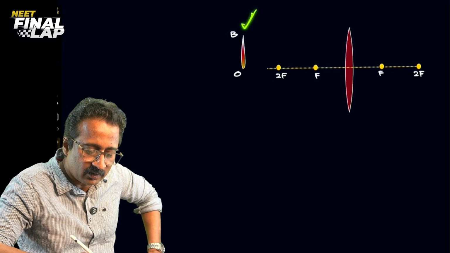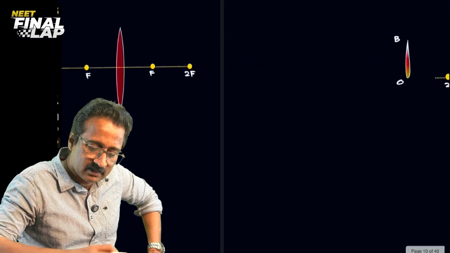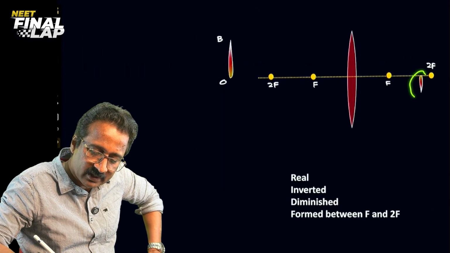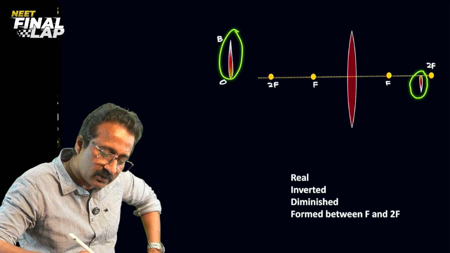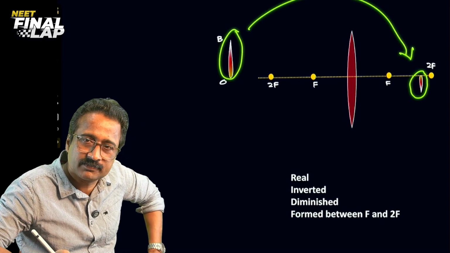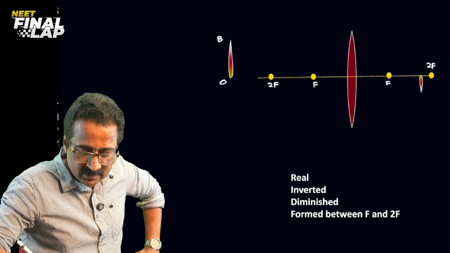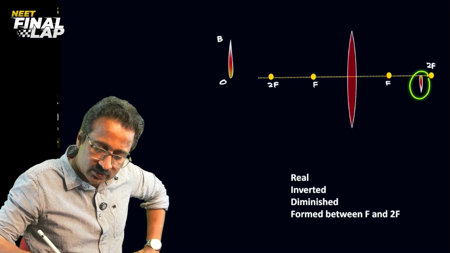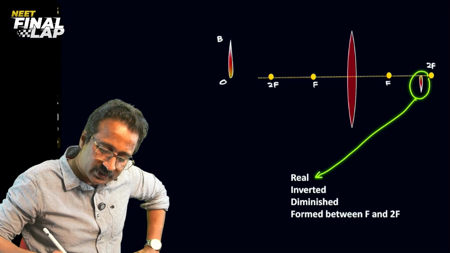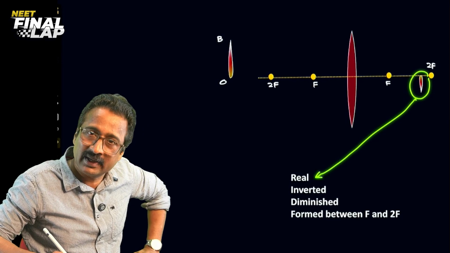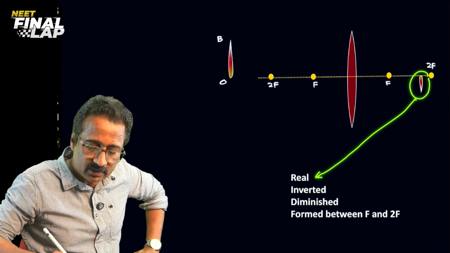If you're placing the object here, then you will see that light rays will form an image here. So for this object, this is the image. I have skipped the light rays here. Okay, the ray diagram is skipped here. Now remember this image. What are the characteristics of that image I have shown here? The image is actually a real image, which is an image which can be caught on a screen.